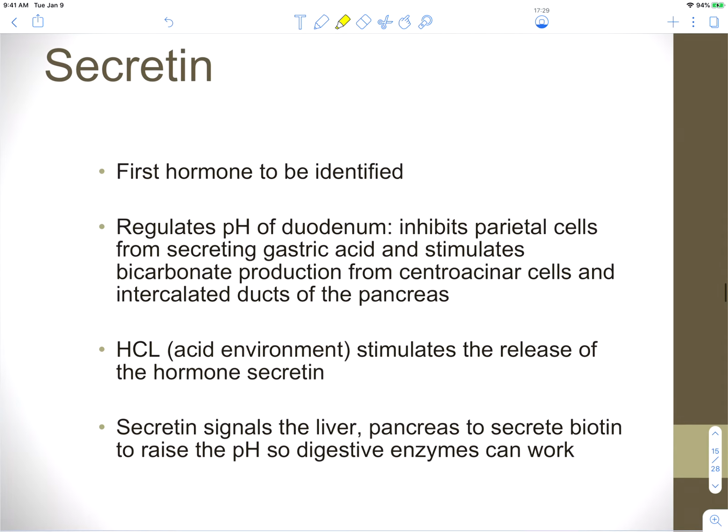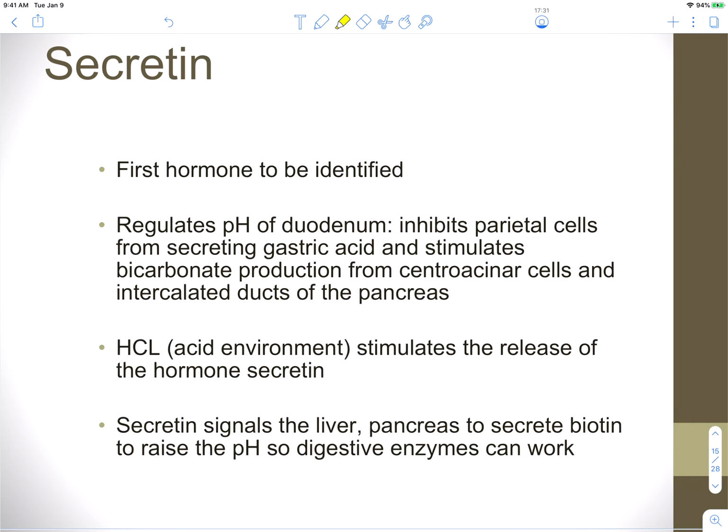Another hormone that shows up here is called secretin. This was the first hormone to be identified. This is going to regulate the pH of your small intestine. So it's going to inhibit parietal cells from secreting gastric acid. It stimulates your bicarbonate production from centroacinar cells, and not only those cells, also the intercalated ducts will produce bicarbonate.